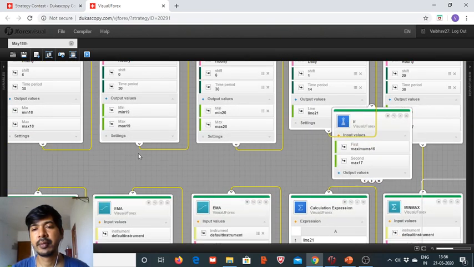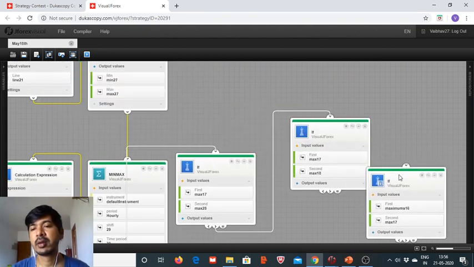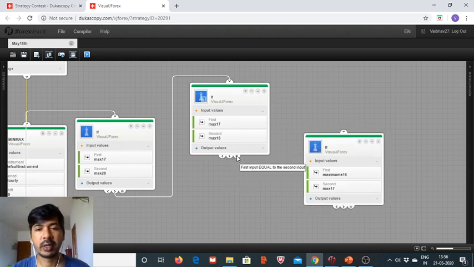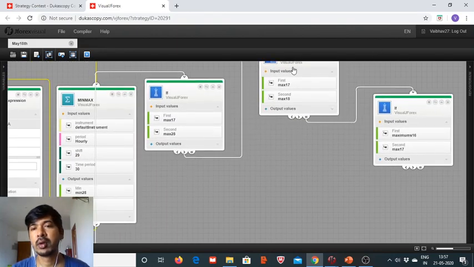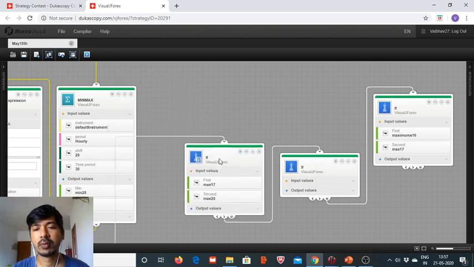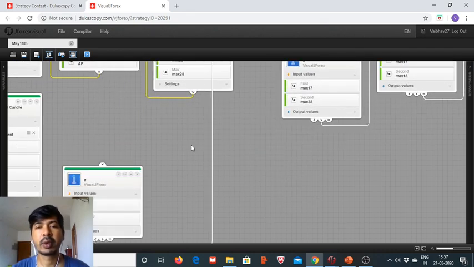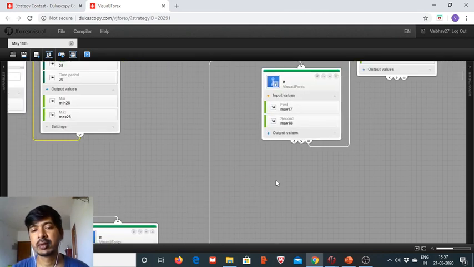So here we have defined maximum 17 should be equal to the maximum 18. So far so good. Now we need to look at the candle 31's closing levels.